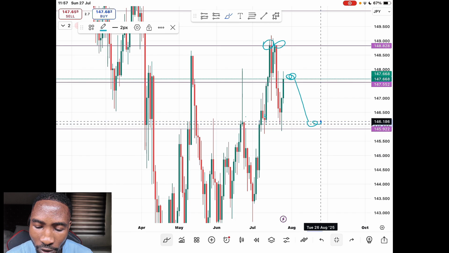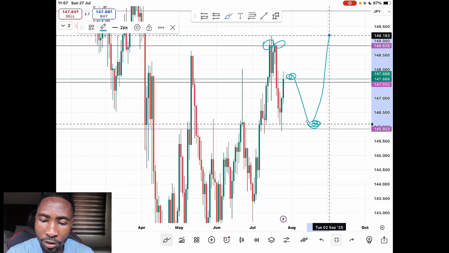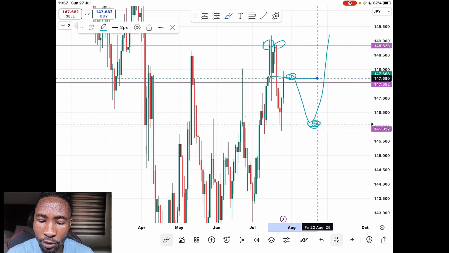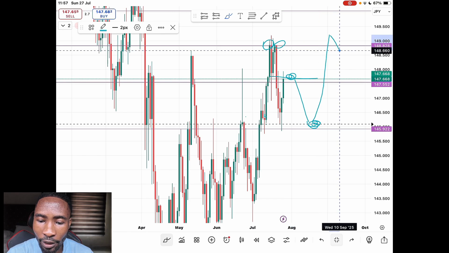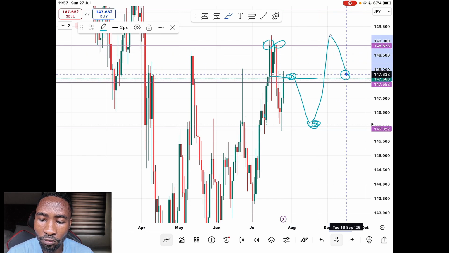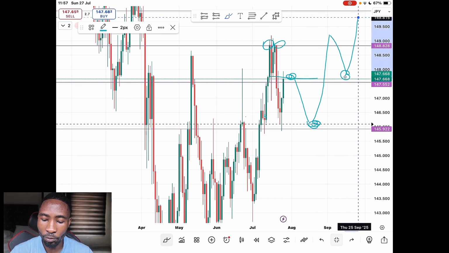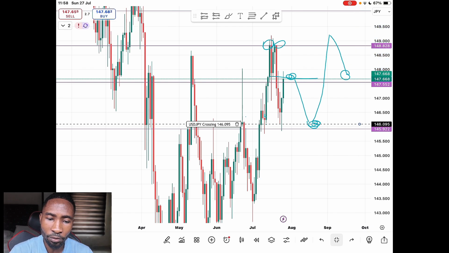But I will also be expecting a buy in this area to push above this area to create a new higher high and retest it, and we can go for a bullish. On the other hand, again, we can only react to the market, we can't predict, right? So you have to pay close attention to that. You can only react to the market and not predict the market.